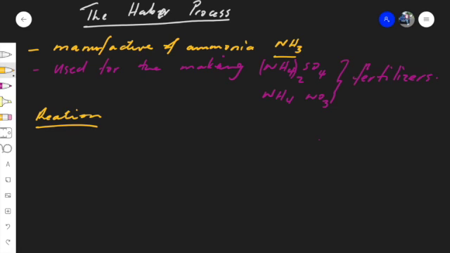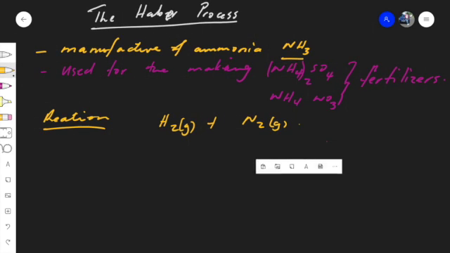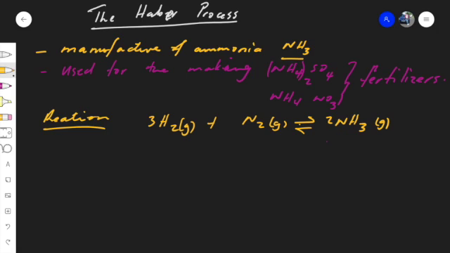You need hydrogen to react with nitrogen gas, and this is going to be a reversible reaction, and it is going to give you ammonia, which is a gas. We need to balance this equation, and this is how it is balanced. And this reaction is exothermic, which means that delta H is less than 0.